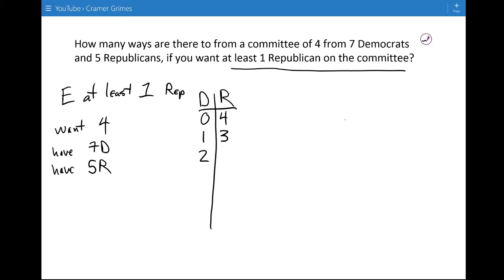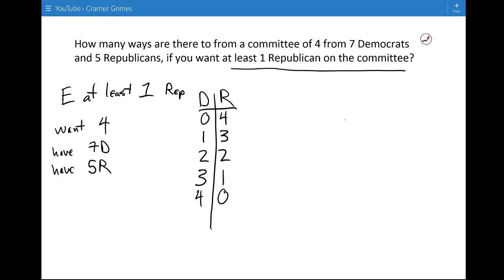If I have 2 Democrats, that would be 2 Republicans. 3 Democrats, 1 Republican. 4 Democrats, that would be 0 Republicans. Now, I'm still going to fill out this entire chart, which we'll talk about more later. At this point, see if you can work ahead of me. If at any point you feel comfortable, pause the video and try to fill out this entire chart.